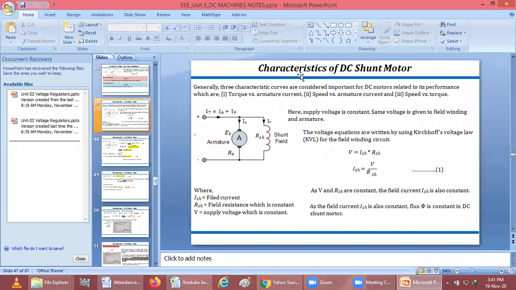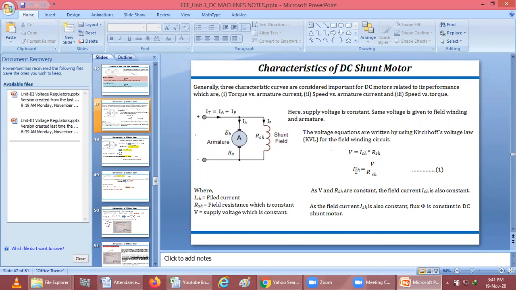When we study the characteristics of a DC shunt motor, we require three characteristic curves. Which graphs will we require? We will require torque versus armature current. So it means we need to calculate the armature current.